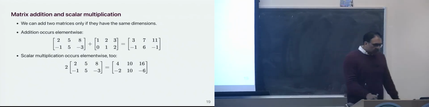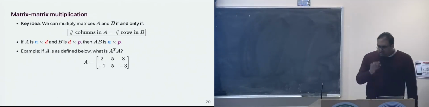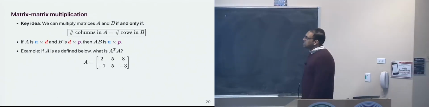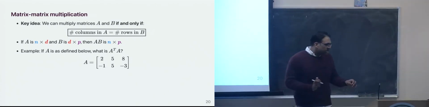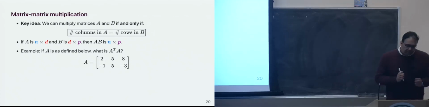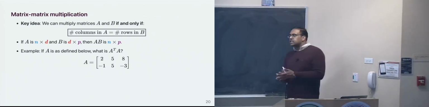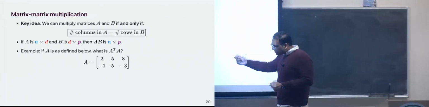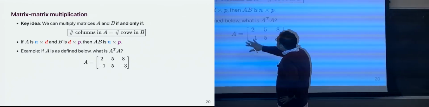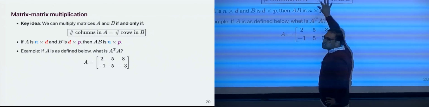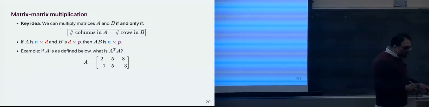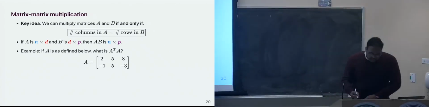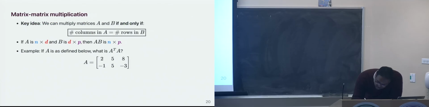Okay. Now, the more involved matrix multiplication is when you multiply a matrix by another matrix. And that's where things get a little more messy. The first key idea is that you can only multiply a matrix A by another matrix B if the number of columns in A equals the number of rows in B. So if A has n rows and d columns, and B has d rows and p columns, we can do that multiplication.